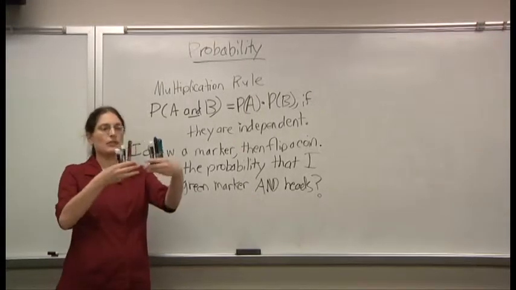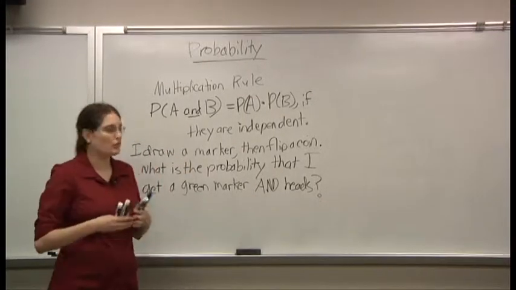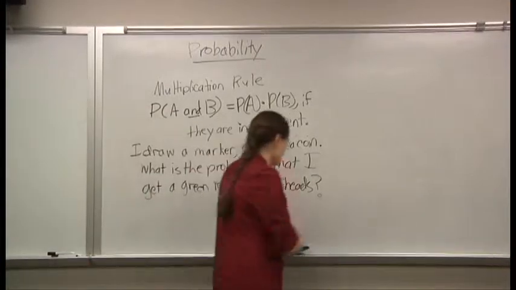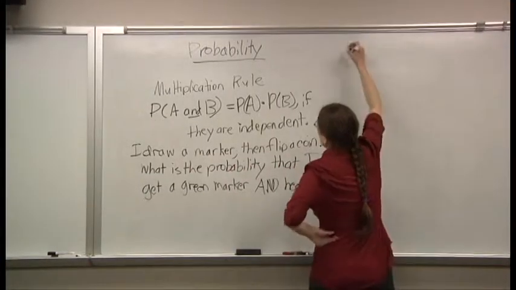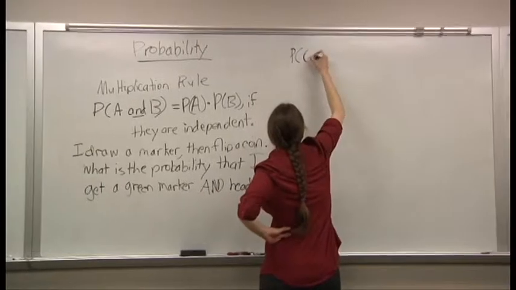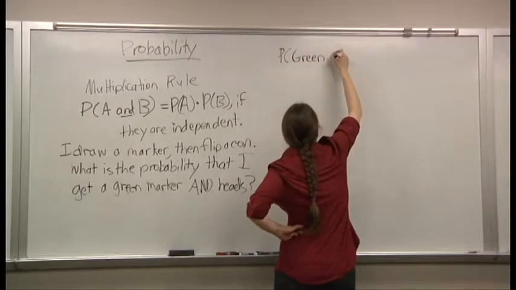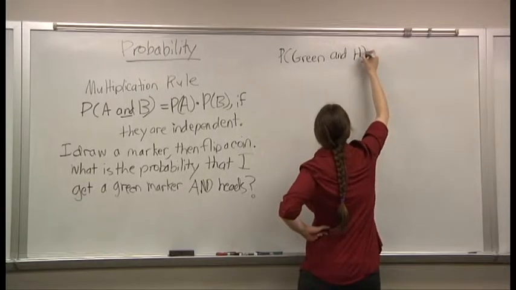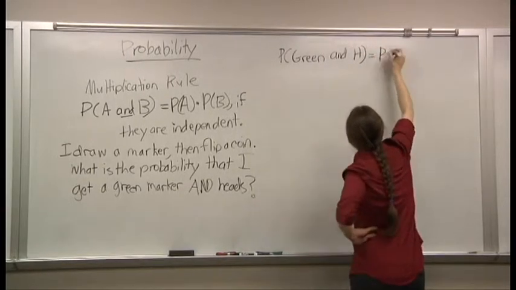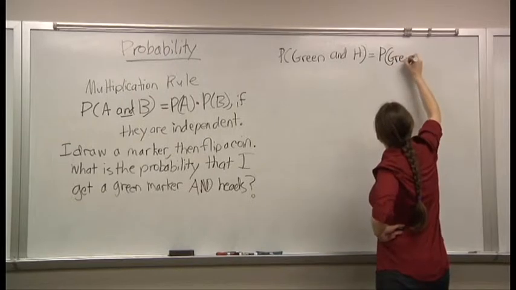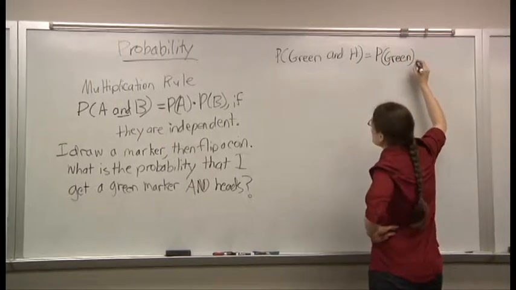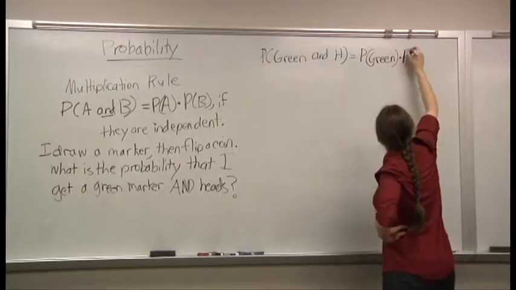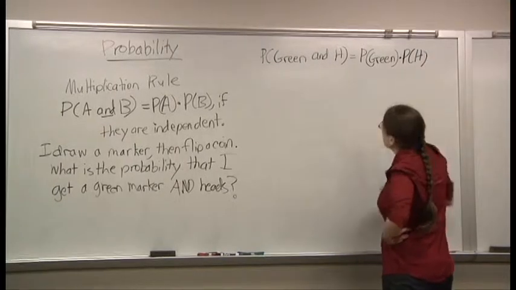So once again, we got 6 markers, only 1 is green. So, probability, green and heads equals probability of green times probability of heads.